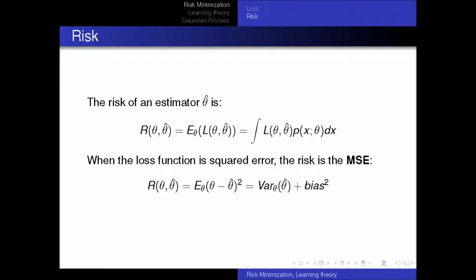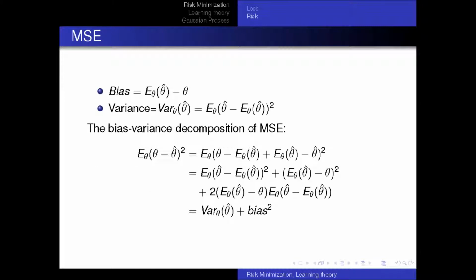If you use s squared equals 1 over n minus 1 times the sum of xi minus x bar squared, and take the expectation of this estimator, it's going to be exactly equal to sigma squared. So that's why people usually use this as an unbiased estimator.